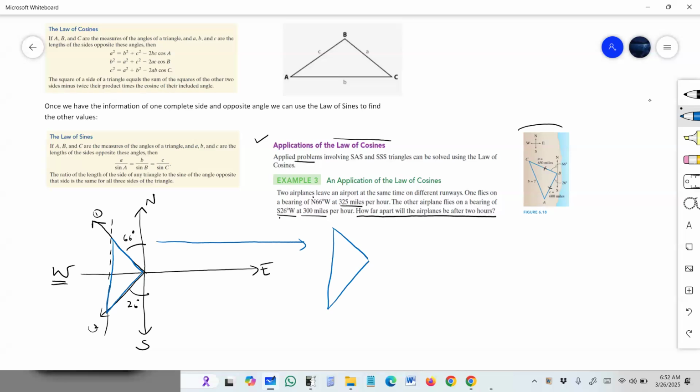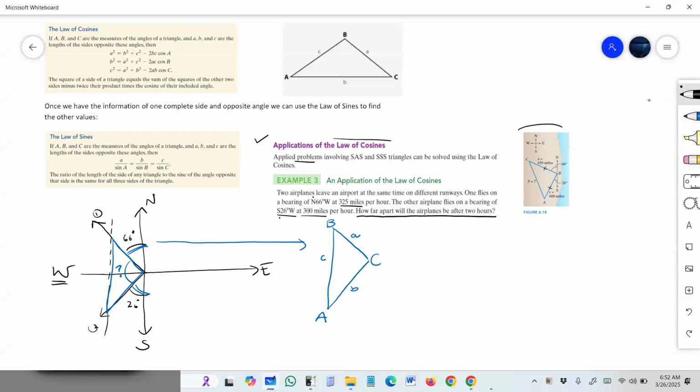I'm going to call this side A, and I'm going to call this side B. You can call it whatever you want, which means that this is C. This is capital C, this is capital A, this is capital B. Your lettering could be different. Now, I have this angle. How do I find this angle right here?